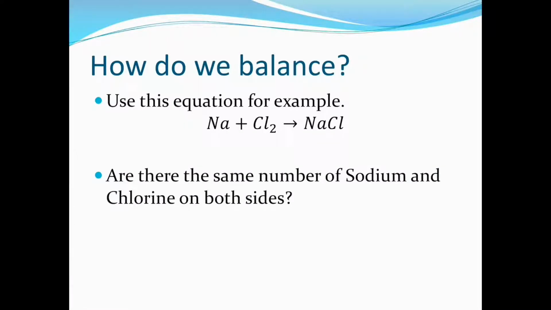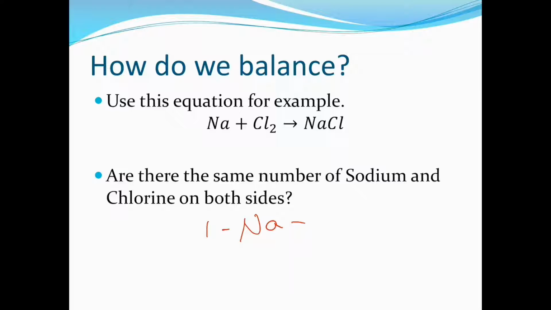So how do we balance? Looking at this chemical equation I have right here, it's Na plus Cl2 makes NaCl. We want to look and see, alright, are there the same number of sodiums and chlorines on both sides of the equation? Well, if we look at sodium here, remember sodium is Na. On the reactant side I have 1.